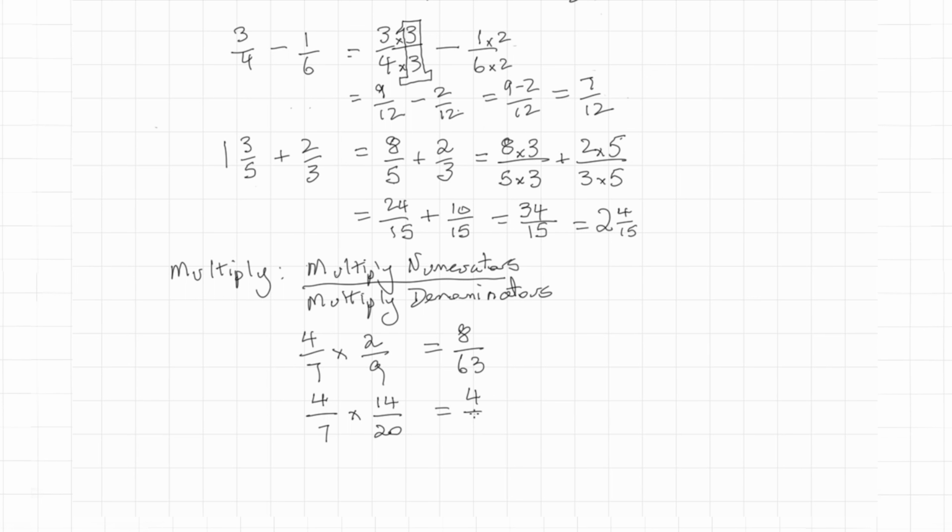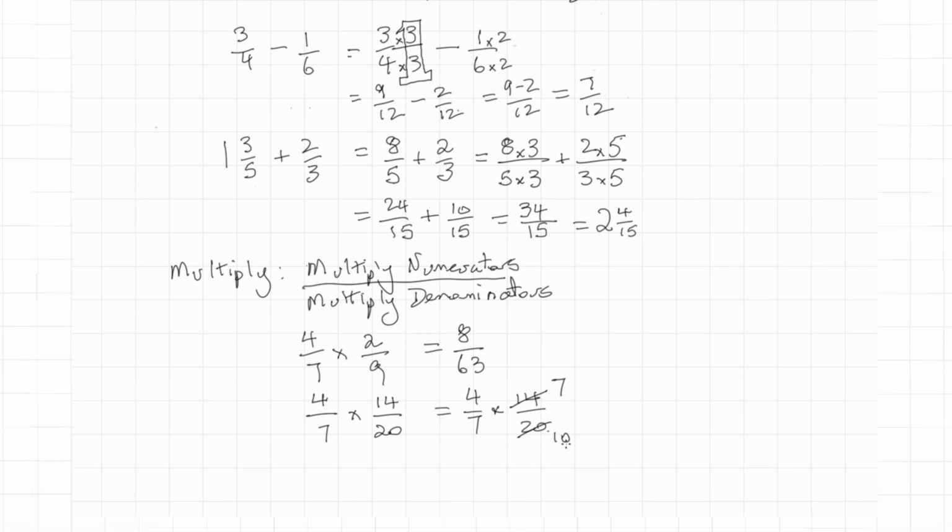So if we've got 4 over 7 times 14 over 20, we can say, righto, looking at this, we know they're both even numbers, so we can divide top and bottom by 2. Now, we put a line through there. 2 into 14 goes 7. 2 into 20 goes 10.